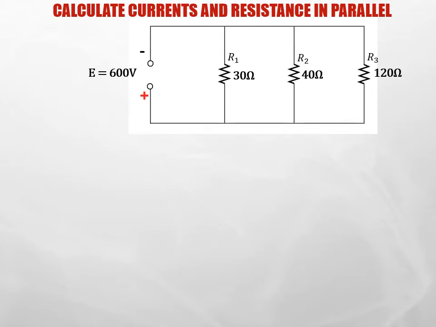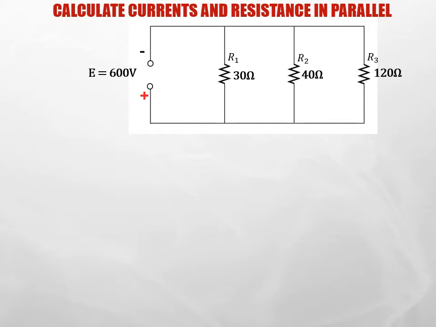Here's a new problem. Again, I have 3 resistors in parallel, and I have a source voltage of 600 volts, which is a standard Canadian 3-phase voltage. I'll give you a couple of minutes to sort out the solution.